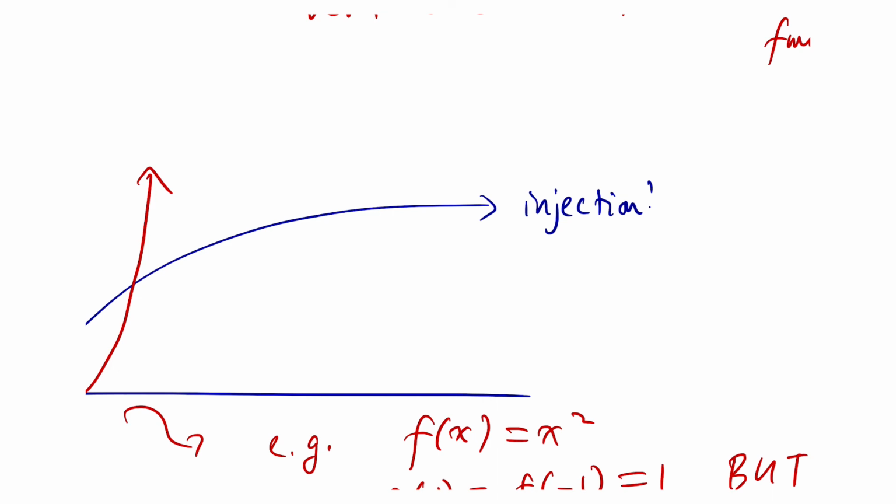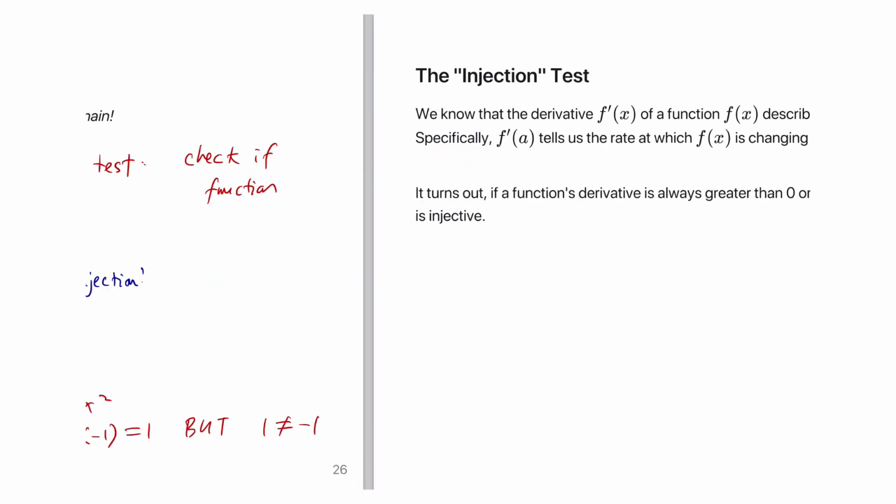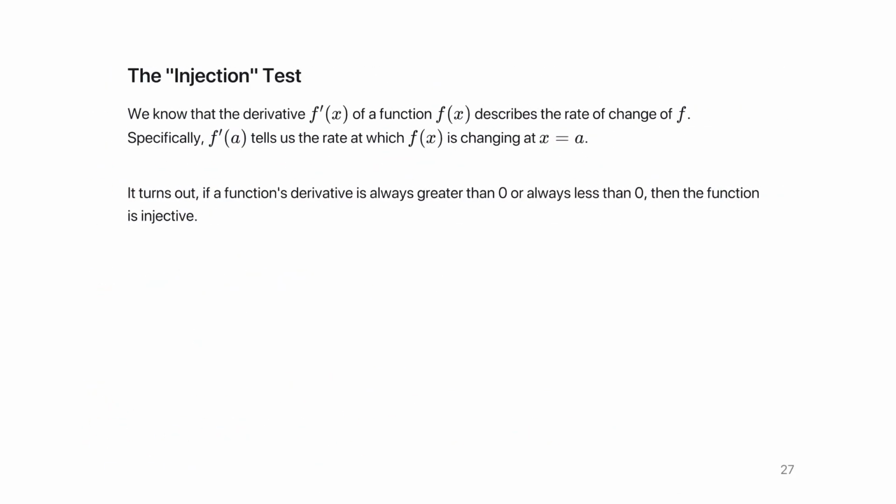Is that clear? So what's one test in terms of derivatives we could use to see if a function is an injection or not? What we could do is take the derivative of a function and see if it's always greater than 0 or always less than 0. Right? If a function's derivative is always greater than 0, it's strictly increasing.